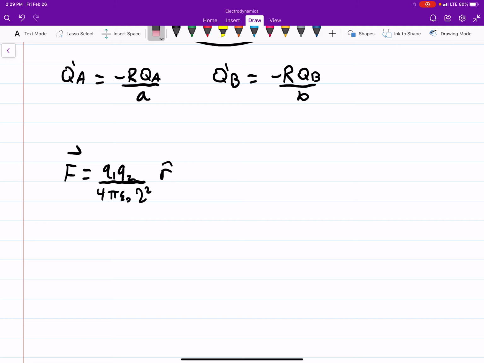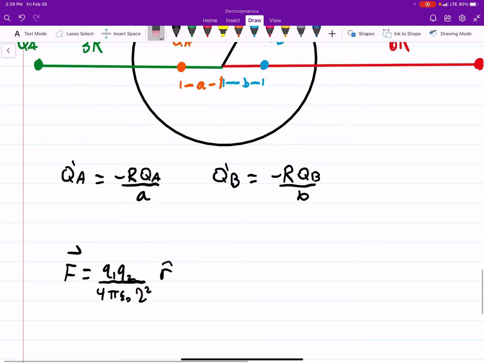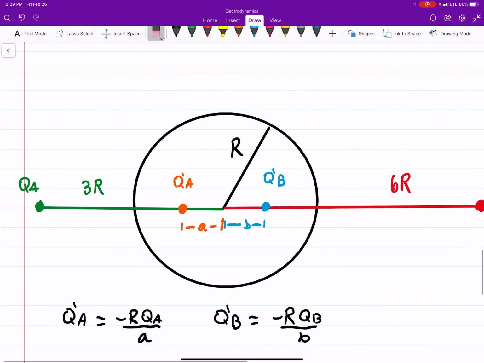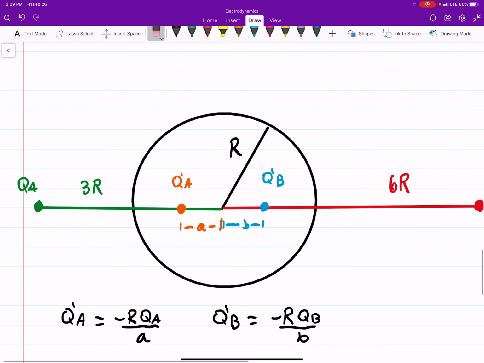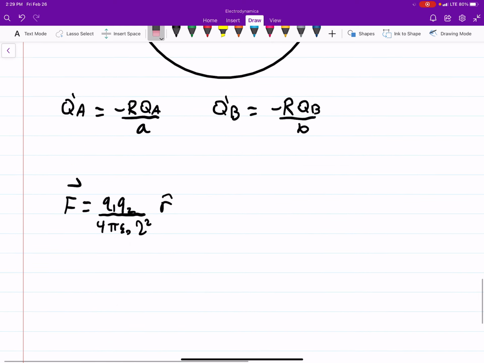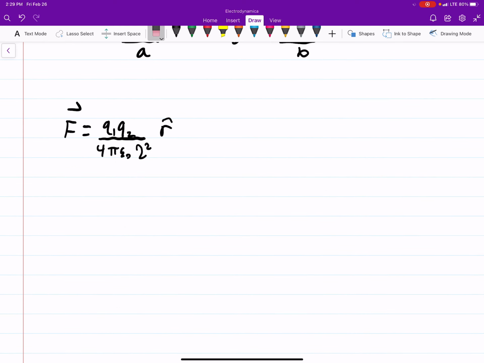So we're going to basically be looking at all the forces that would be acting on charge B. So we have QA, the real charge, but now we also need to consider the force that would be exerted on it from our imaginary charges as well. We need to add all the forces up from those three charges to find the total force.